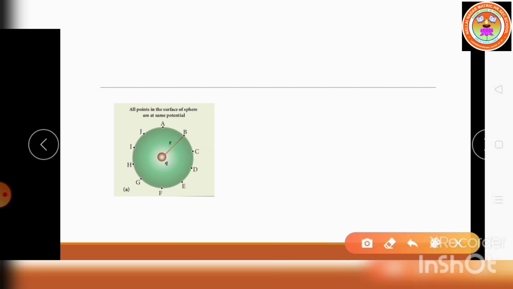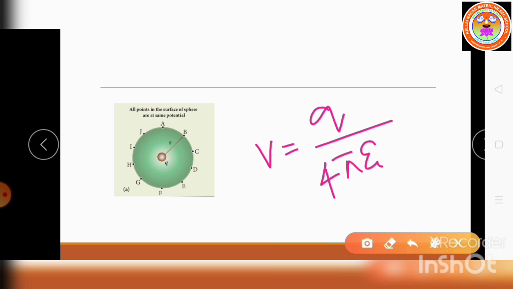Now if you calculate the electric potential at all the points on the surface of the given sphere, we will get the same potential. Because we know the formula: V is equal to Q divided by 4 pi epsilon naught into R. At A or B or C, the distance R is equal, and the charge Q is the same.